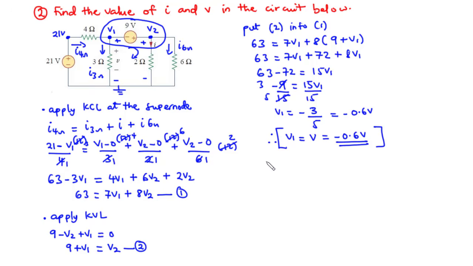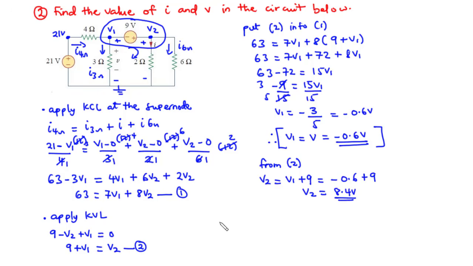So from equation 2, we have V2 equal to V1 plus 9, and that is equal to negative 0.6 plus 9. So we have V2 equal to 8.4 volts, that is V2.